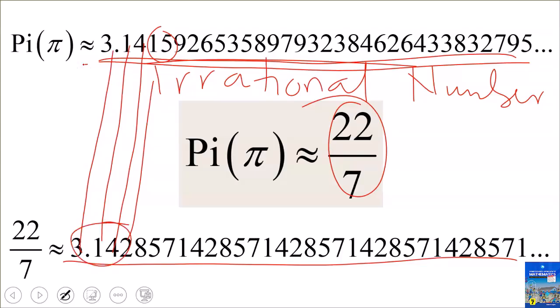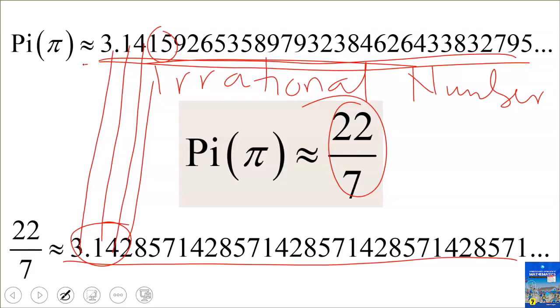And so mathematicians realize that if they use 22/7 to represent pi, it gives them an accurate value for some few decimal places. And so we always see that we represent pi as 22/7. But remember, pi is not 22/7. Don't forget, they are not the same. But approximately, we can equate them.